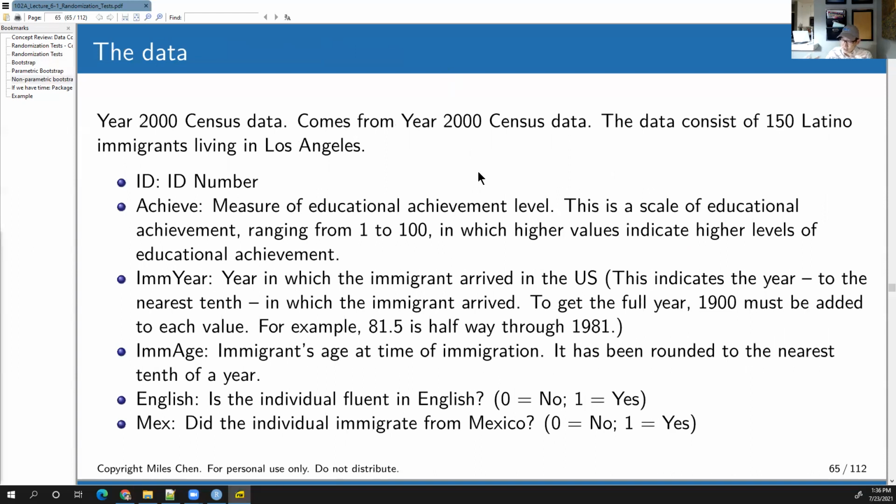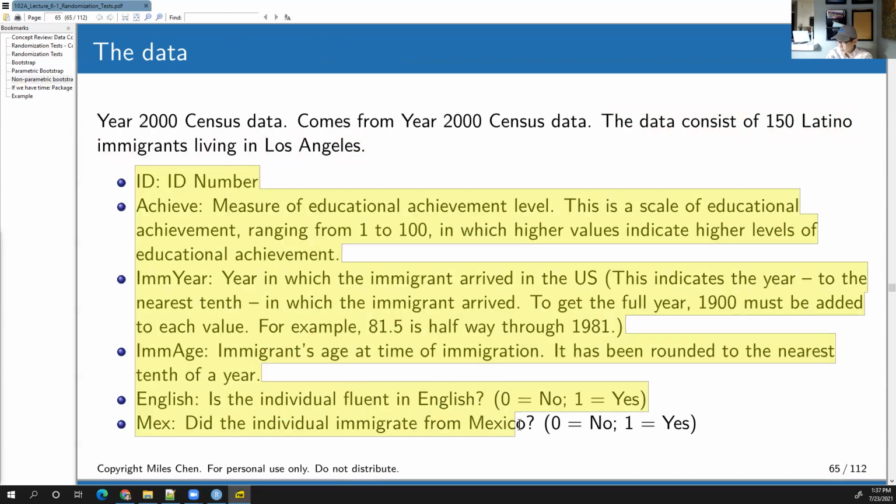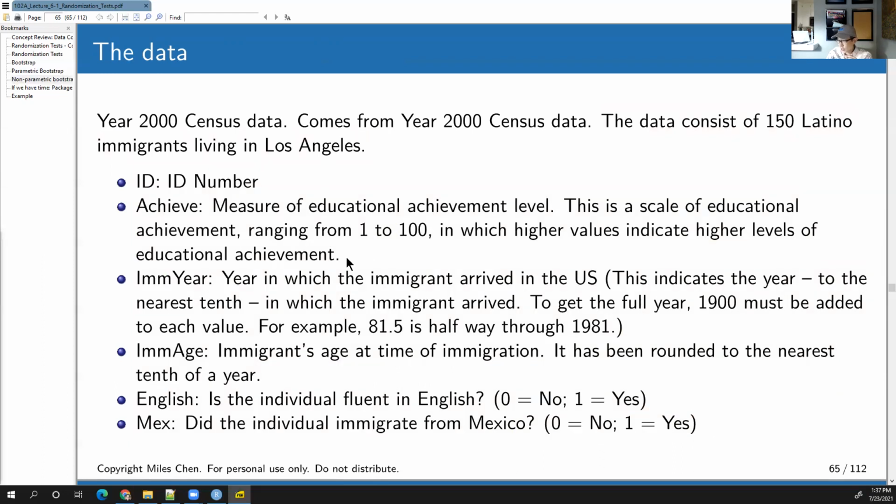And the question is, is there a difference in educational achievement? They're kind of tracking the educational achievement of some of these immigrants, okay? And so the data here, they're looking at 150 Latino, or maybe we should say Latinx immigrants living in Los Angeles, okay? And this is kind of the data dictionary that we're looking at, okay?